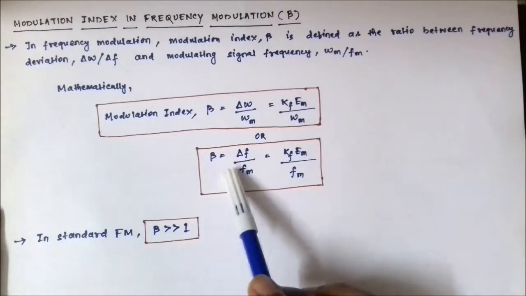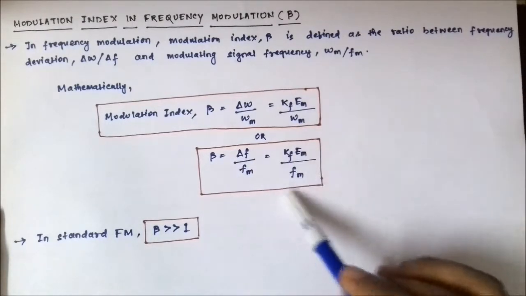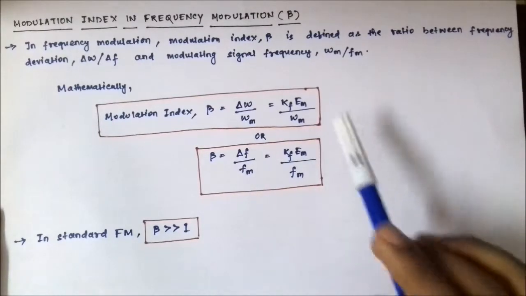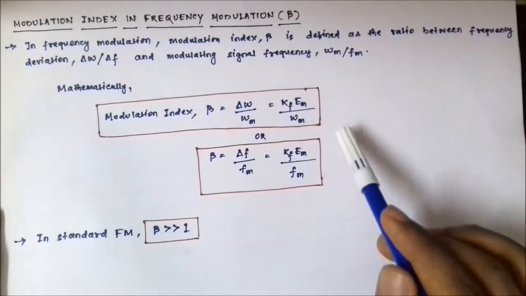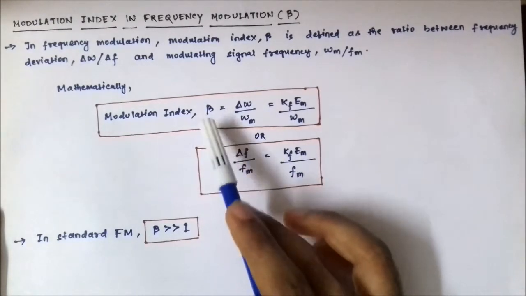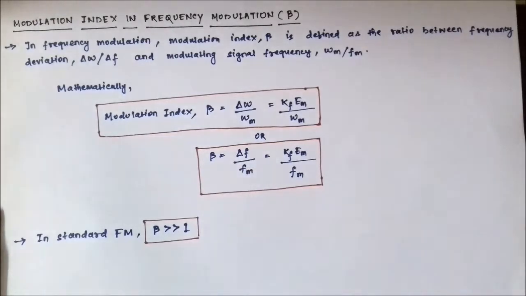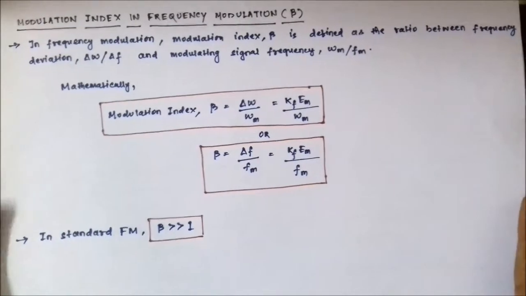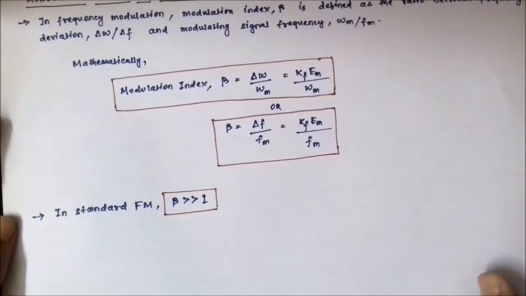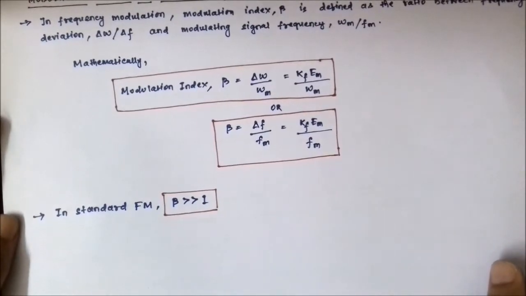Now it can also be written as delta f by fm, which is equal to kf Em by fm, when frequency is represented in hertz. Here the frequency is represented in radians per second. The modulation index is also denoted by beta in the case of frequency modulation. In standard frequency modulation, the value of modulation index beta is always much greater than 1.